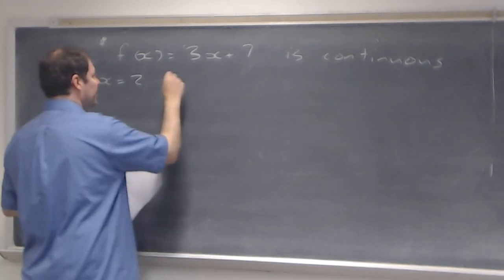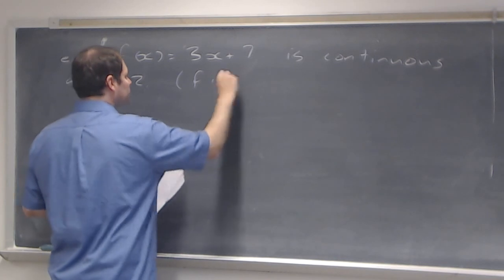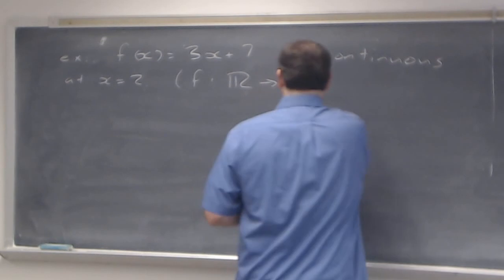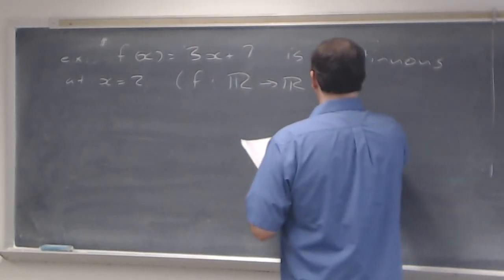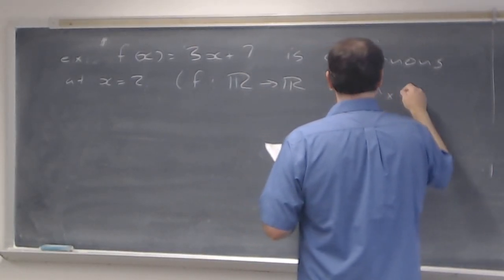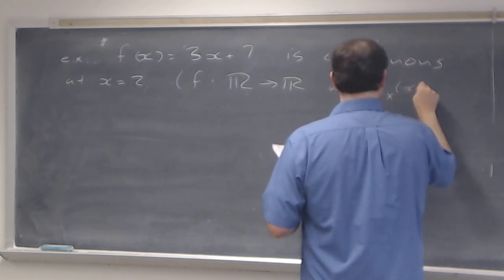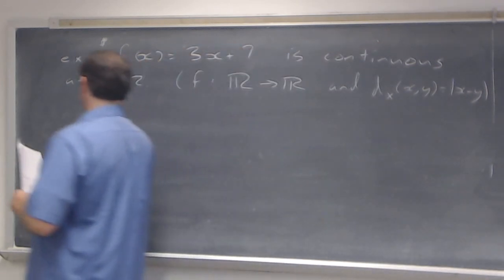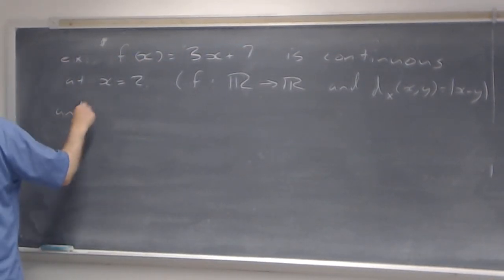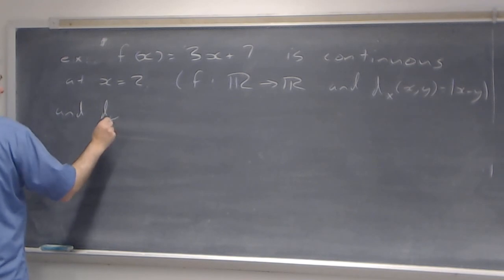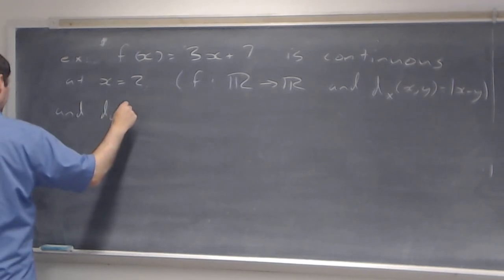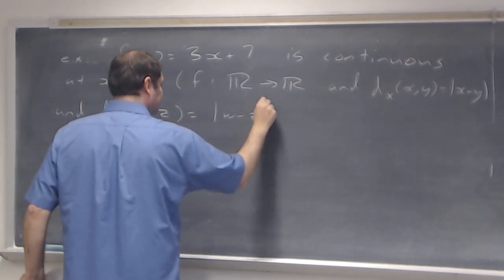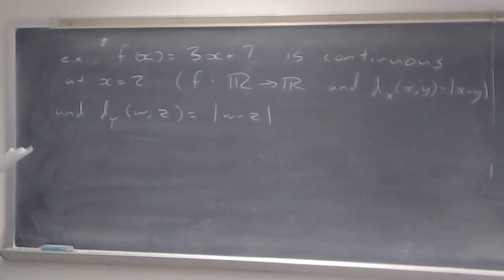And here we're thinking of f goes from R into R. This is X, Y, or E and Y. And the metric on X between x and y is equal to the absolute value of the difference between these 2 points. And similarly, the metric on Y, which is also R, between y and z, is going to be equal to the absolute value of the difference between these 2 numbers.